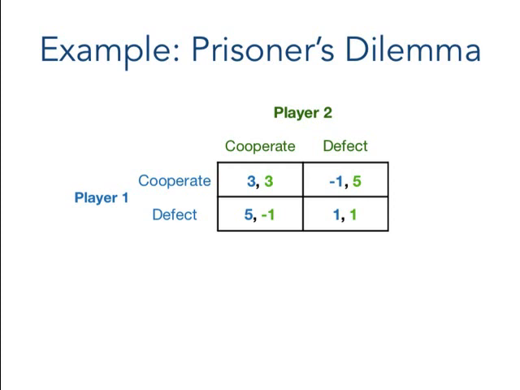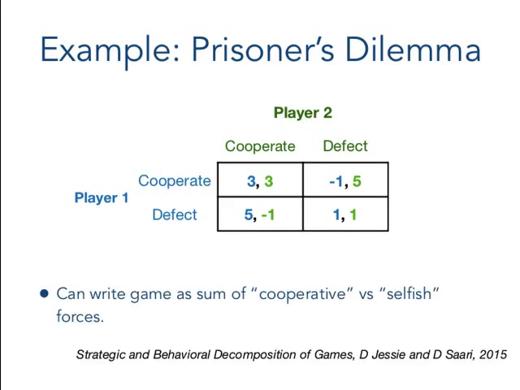So to look at this tension, let's rewrite the game as the sum of cooperative and selfish forces. And to do this, I'm going to use a technique that was developed in this paper I'm citing below, Strategic and Behavioral Decomposition of Games.